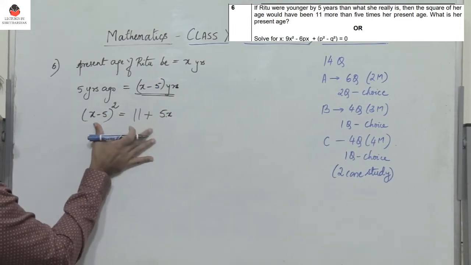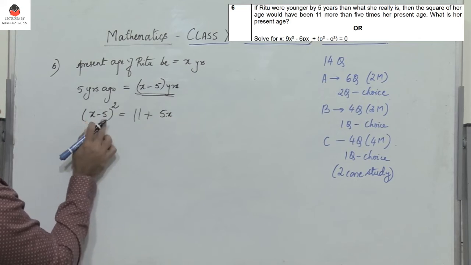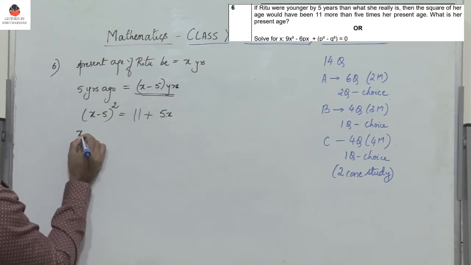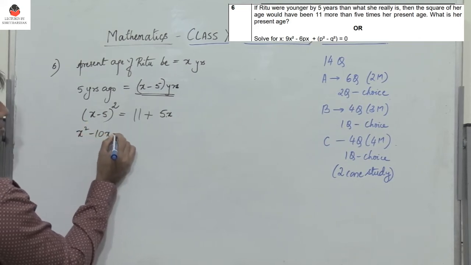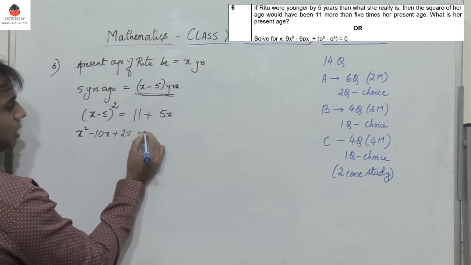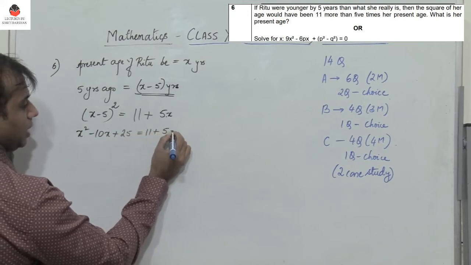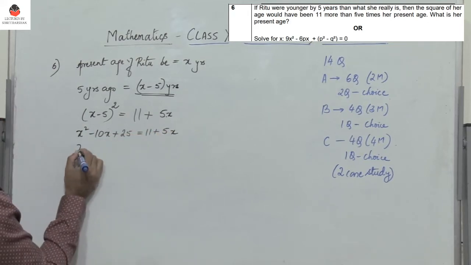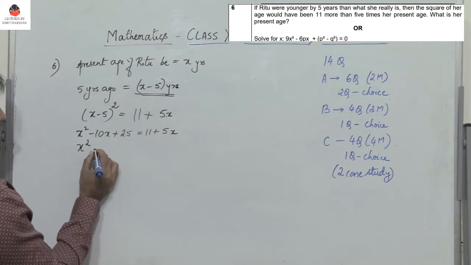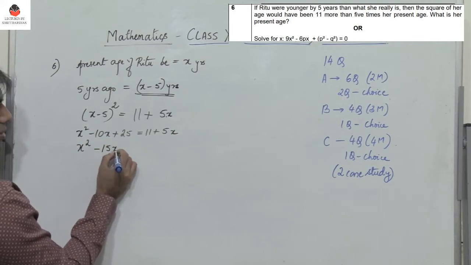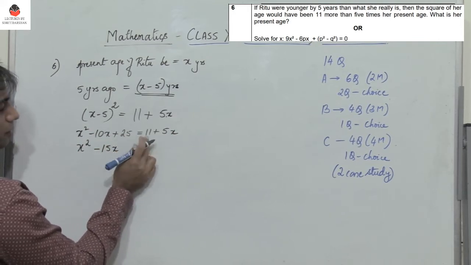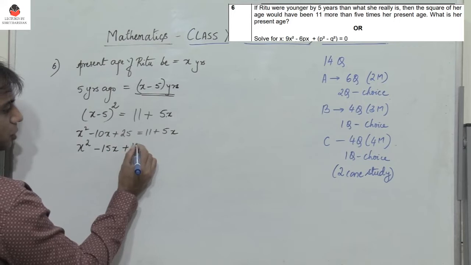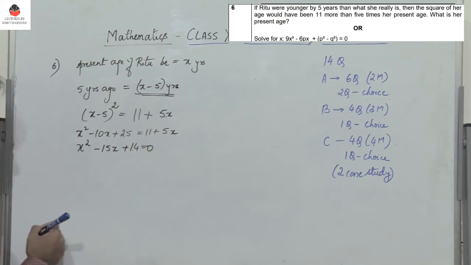So very simple equation. So here let me apply a minus b the whole square. So x square minus 10x plus 25 equals 11 plus 5x. So we have x square minus 15x, right? 25 minus 11 is plus 14 equals 0, right?